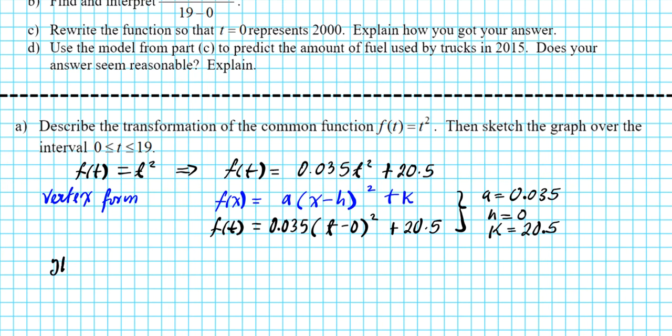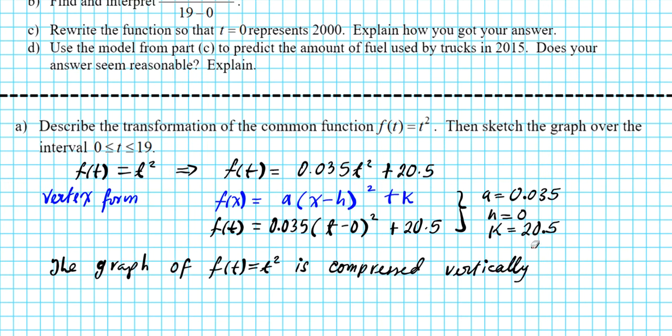The graph of f of t equals t squared is compressed vertically. There's a compression because the absolute value of a is between 0 and 1, okay?